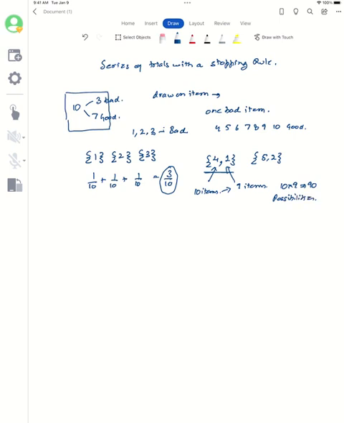Now for a good one in the first place, there are 7 ways. And what are the ways to get a bad one in the second place?